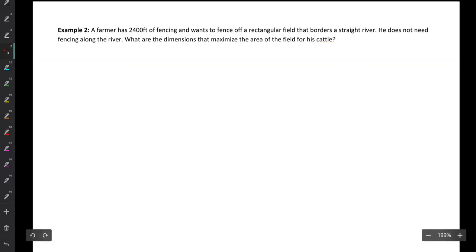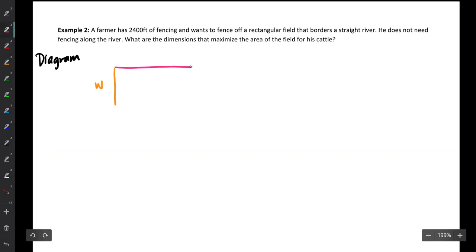I think for this particular problem, doing a diagram is helpful. So what do we have? We have a width, a length, it's a rectangle, and another width.